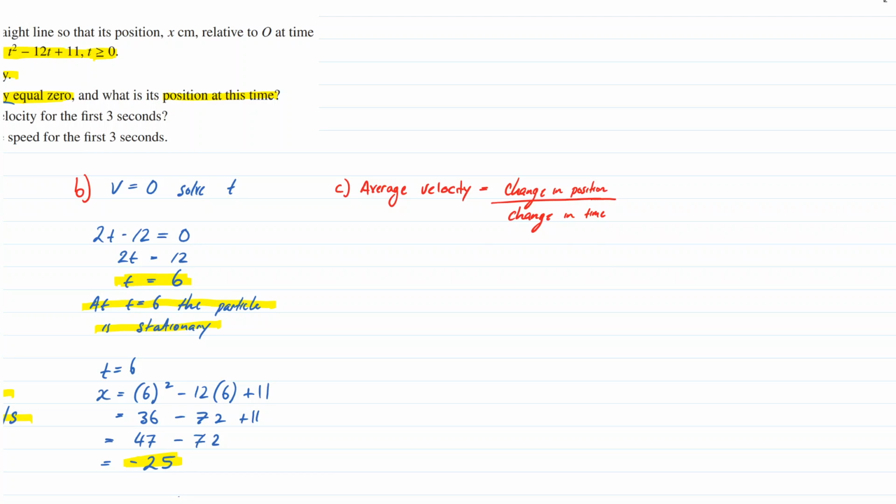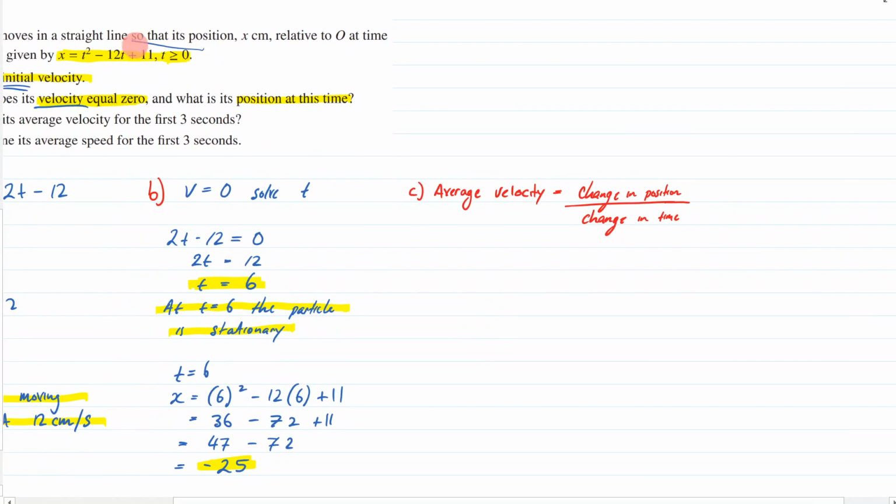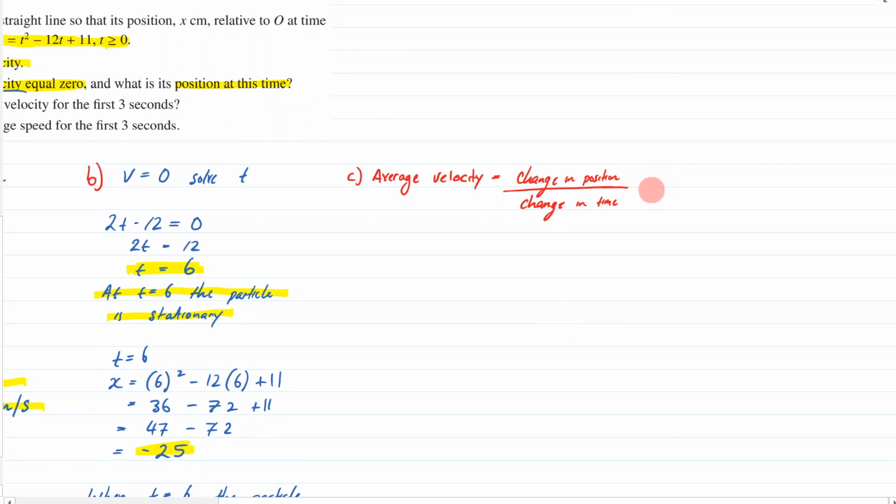Now if it's the change in position, guess what? I'm going to be using my position equation here. So I'm going to say when x is 3 minus when x is 0. So in other words, when t is equal to 3 to when t is equal to 0, the positions of those, and then it's just 3 minus 0 because it's the change in time. So this is giving me the change in position. This is giving me the change in time.